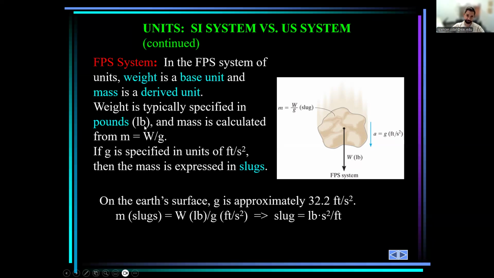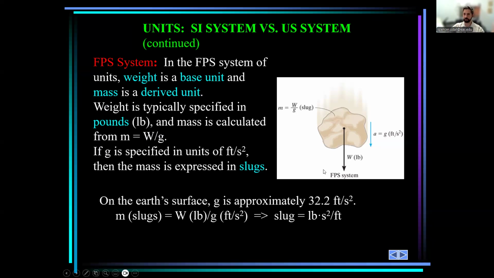If the weight is in pounds, that would equal mass times acceleration. And that acceleration would be 32.2 feet per second squared, and the mass would be in slugs. So anytime you divide a pound by feet per second squared, you end up with slugs. Okay? So that's good to keep in mind.